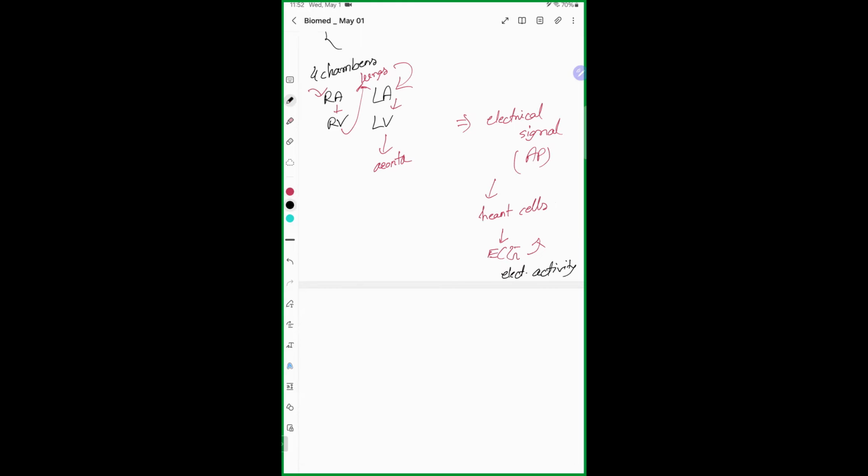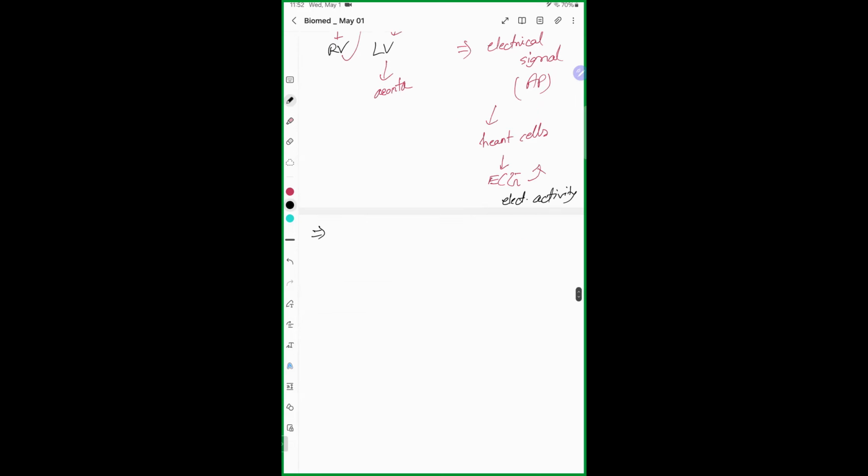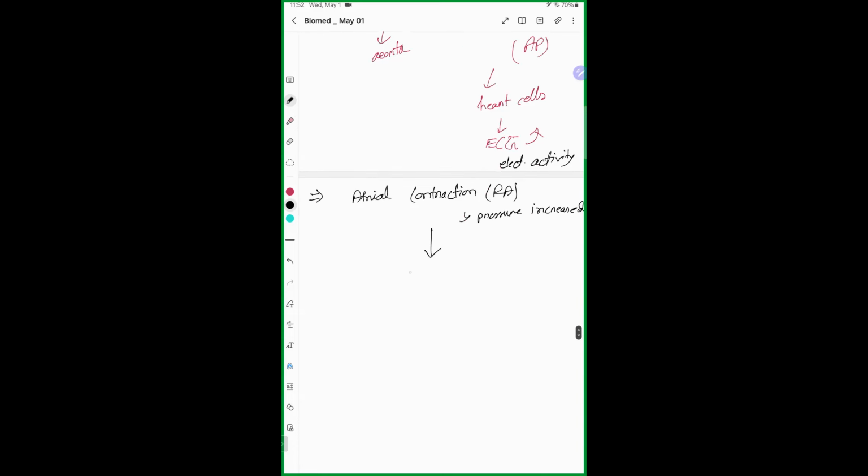To summarize what is actually happening, first you have atrial contraction. Contraction means the pressure increases in the right atrium. When the pressure increases, the blood pumps from the right atrium to the right ventricle.